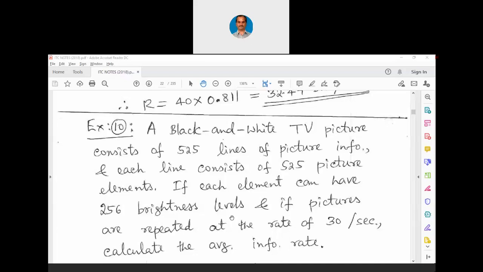If the pictures are repeated at the rate of 30 per second, you already know that the human eye has a persistence of vision, which is about 16 milliseconds. That means if anything changes within 16 milliseconds, our human eye will not be able to detect that movement at all.